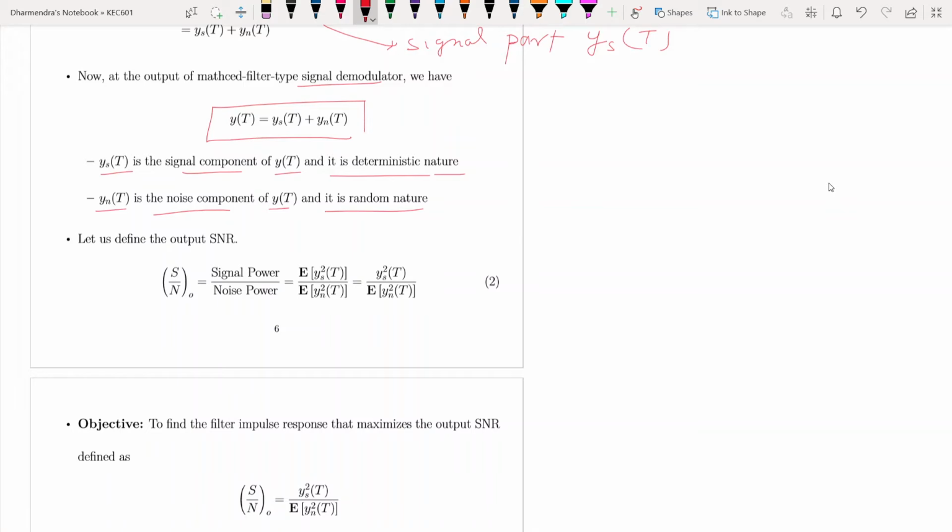So in terms of the statistical expectation of the square of this ys of t, it is deterministic, so the expectation of a deterministic signal is that deterministic quantity itself. So the expectation of the square of ys of t will be ys of t square.